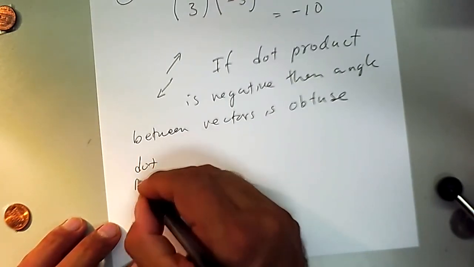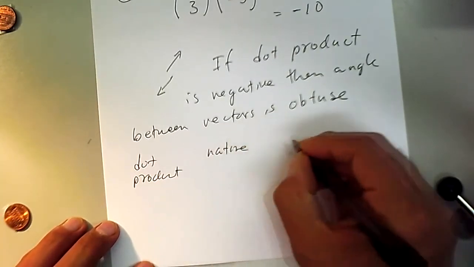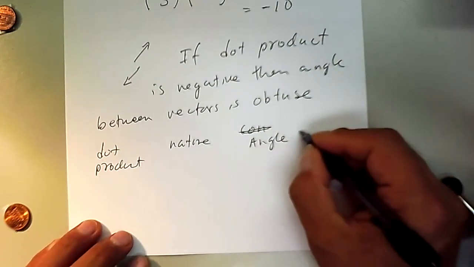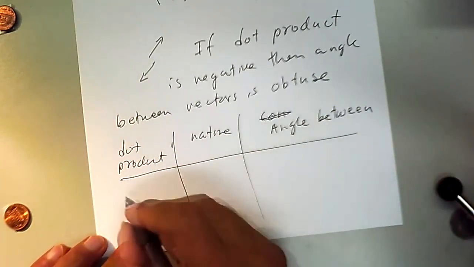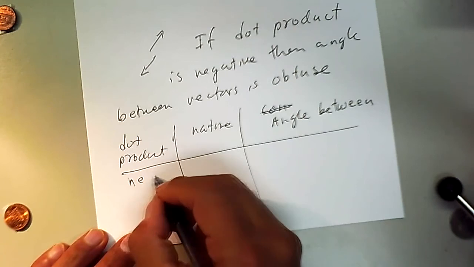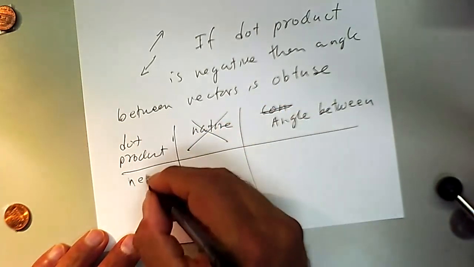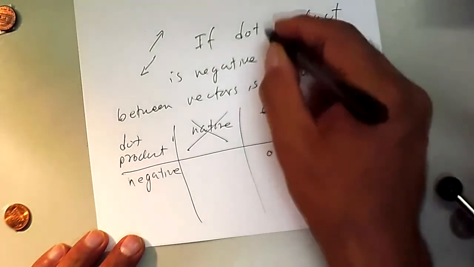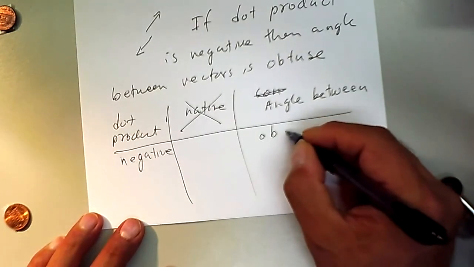Dot product, and consequence: angle between. Yeah, that's probably better. So if the dot product is negative, then the angle between is obtuse. That's what I just set up here. But then I was going to say more, and I didn't want to write more paragraphs, so that's why I'm making it into a table.